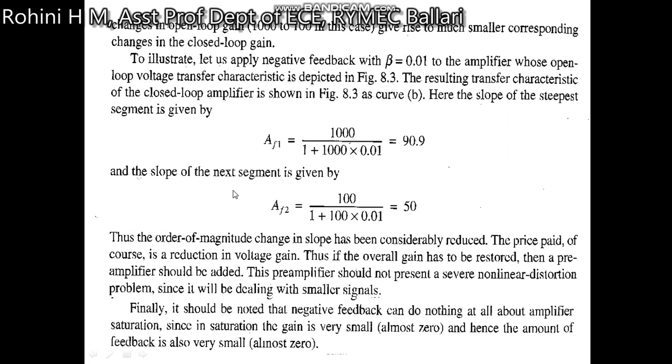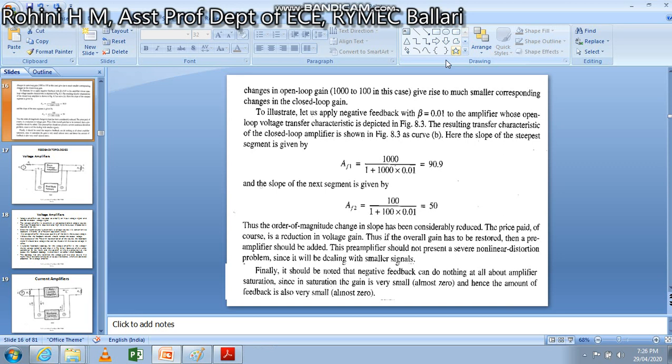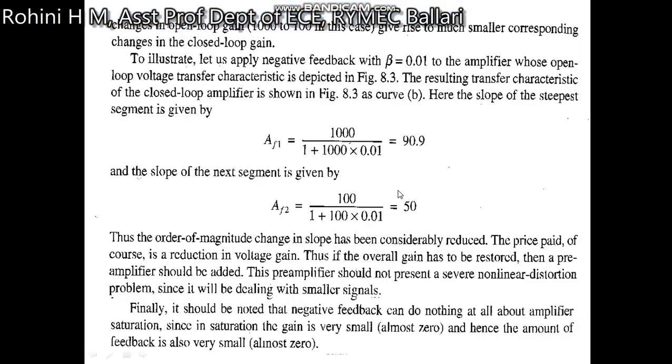Similarly, the slope of the next segment is given by AF2 for 100. So when the gain of the amplifier is considered as 100, we are obtaining the gain AF2 as 50. Okay, so why? Because the gain expression AF is A divided by 1 plus A beta.